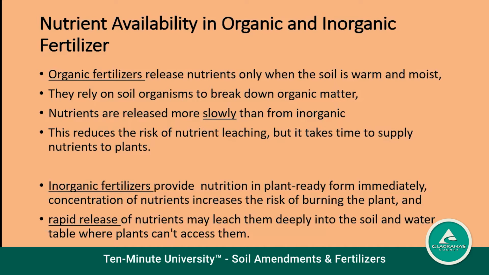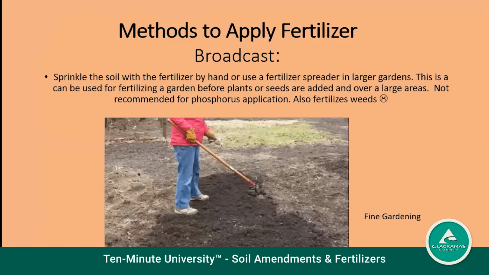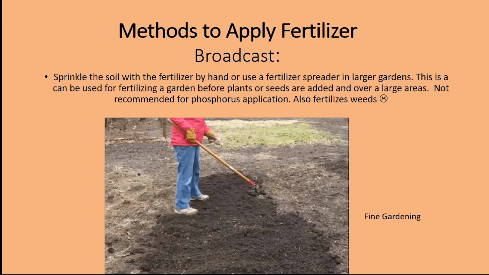So you're going to put on some fertilizer. How to apply it? It depends on where it is and what your growing schedule is. If you haven't put anything in the soil yet and you want to fertilize the entire area, then use a broadcast method, where you sprinkle the soil with fertilizer. You can do it by hand or use a spreader if you've got a larger area.